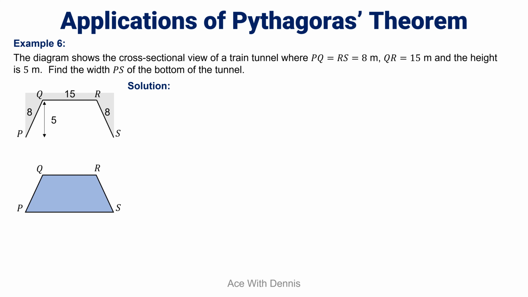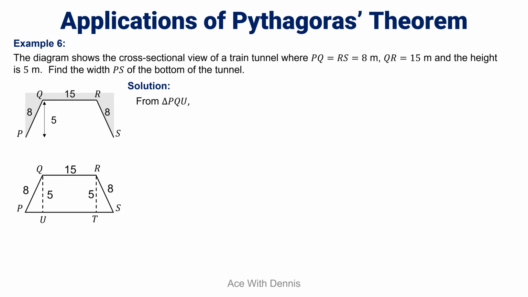From this diagram, we can see that PQRS is a trapezium. And these are the parameters given. So this is also 5 meters. Let's label this as point T, and this is point U. From triangle PQU, as we can see, it is a right angle triangle.